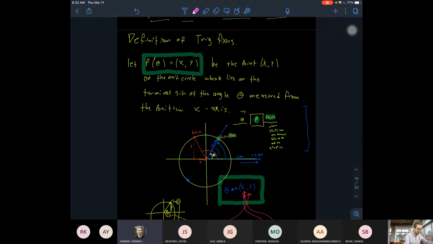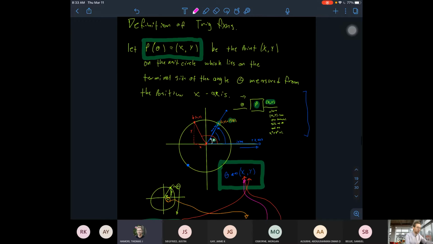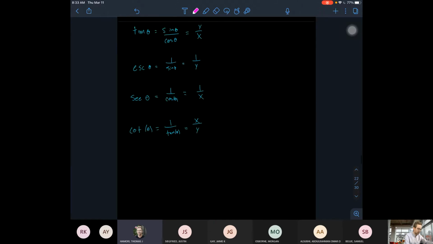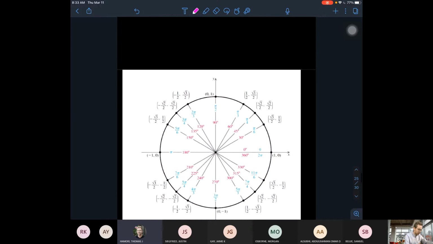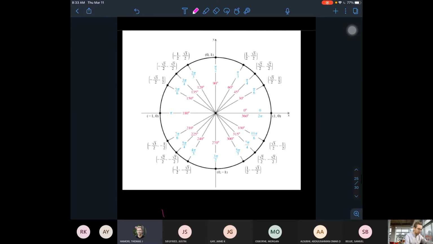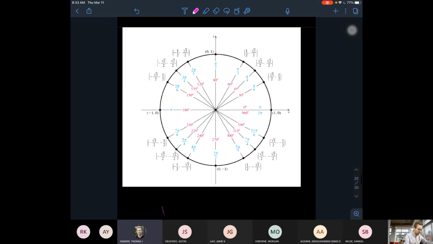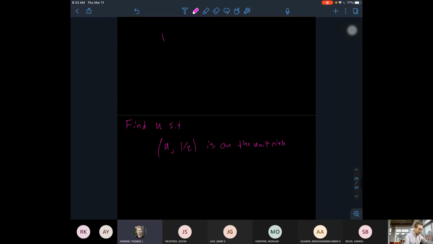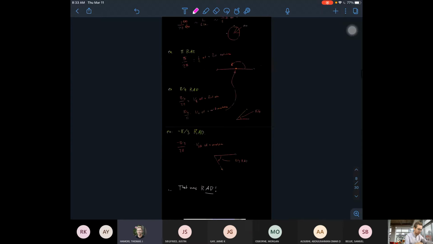So I'm going to go back and talk a little bit more about the unit circle, and then we'll move on to some new trigonometric functions, and we'll practice computing trigonometric functions, and we'll practice some other examples just working with the unit circle, finding points on the unit circle. We'll cover this cool looking picture, and then more unit circle stuff. So that's what we're going to do today.